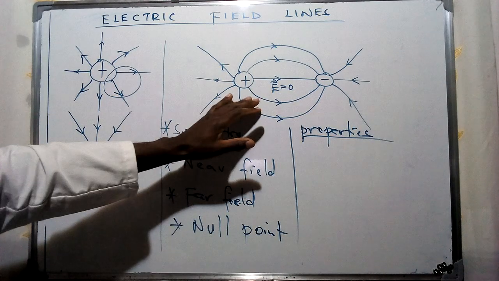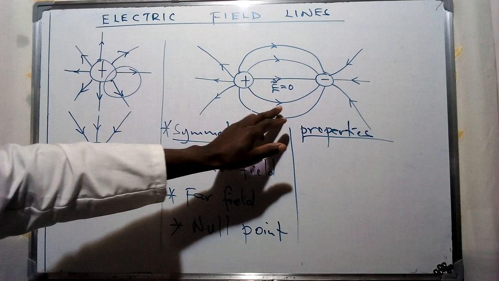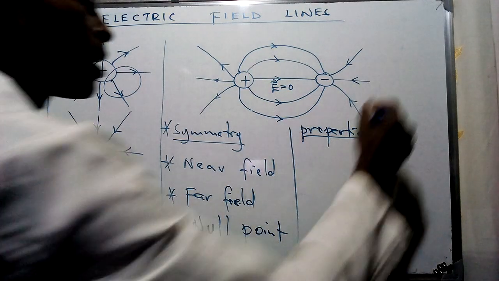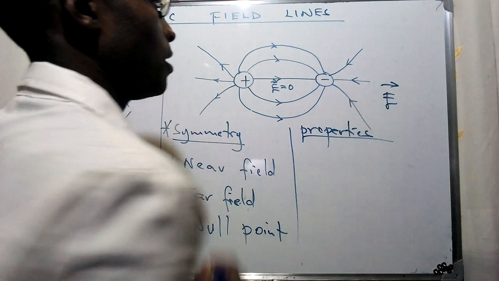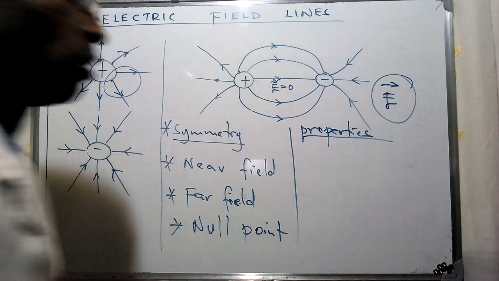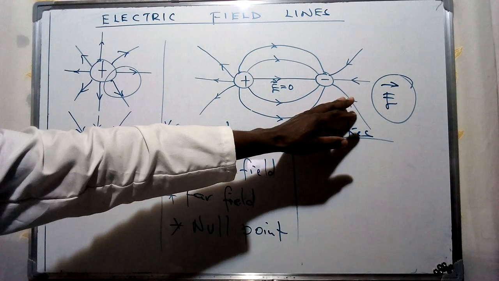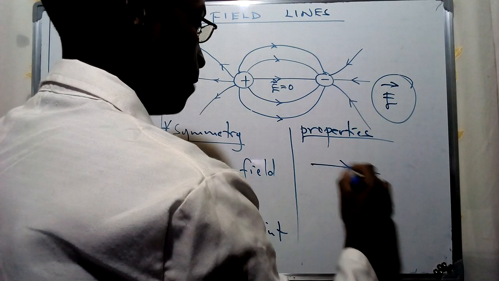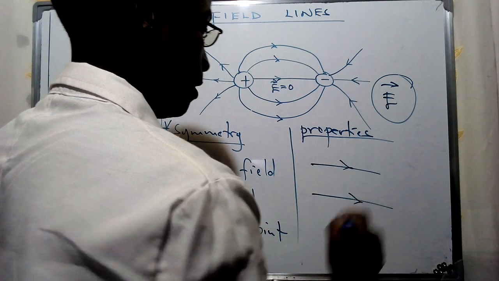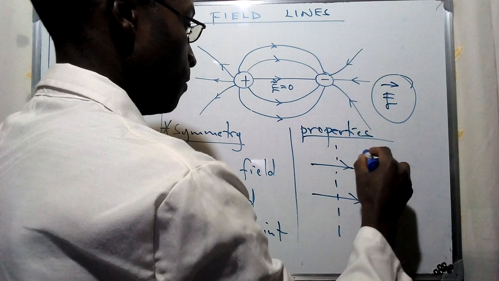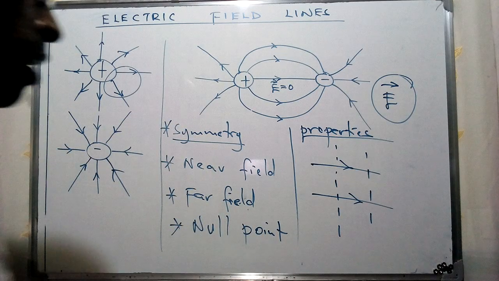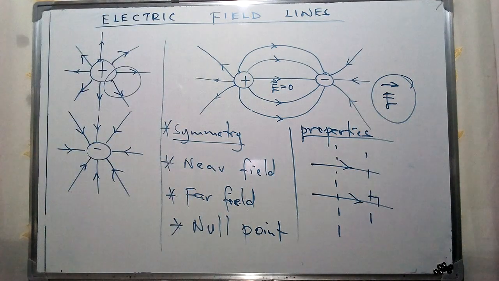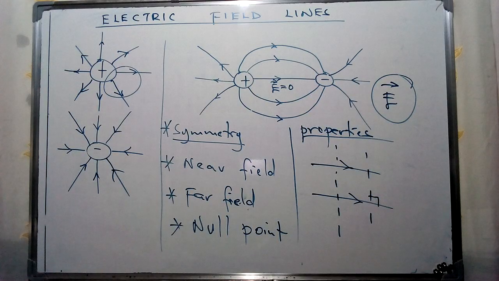But we're going to see that the direction of this electric field vector E, which I've indicated as such, is a vector quantity. And therefore, the direction of the electric field vector E at this specific point is going to be tangent to the field line, which means if the electric field is moving in this specific direction, then we're going to have this specific field vector being tangent to the field line as such.